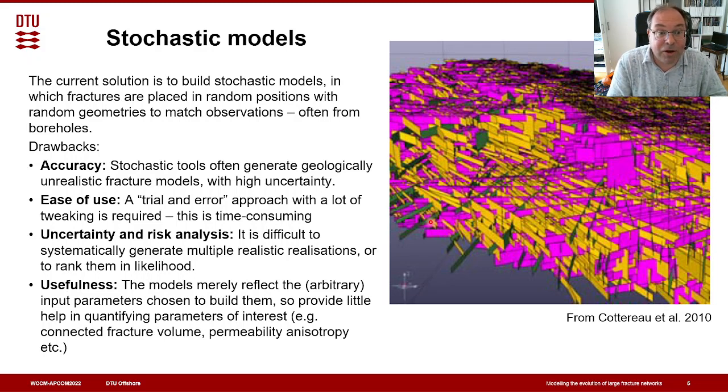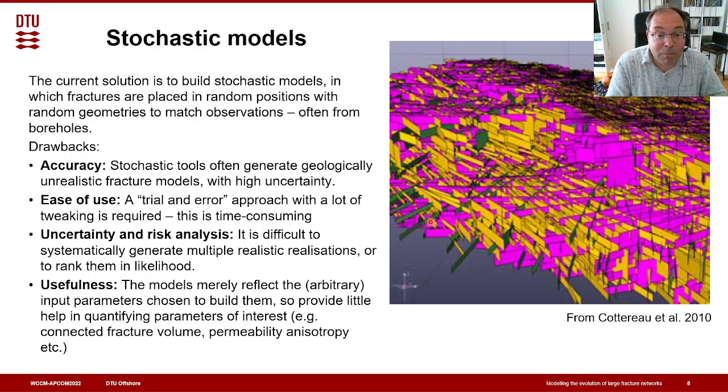Firstly, accuracy. Because we have limited calibration data, the models are often geologically unrealistic and poorly constrained. They're also difficult and time-consuming to produce because we need to adopt a trial and error approach to match the observed data, which requires a lot of tweaking. It's also very difficult to generate systematic multiple realizations of the sort we need to do for uncertainty and risk analysis.